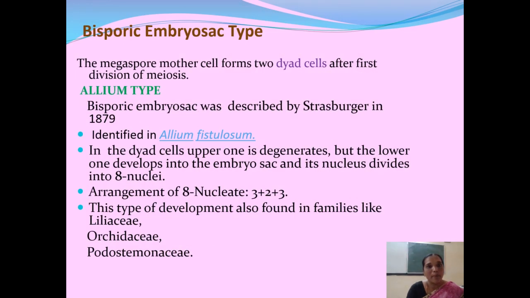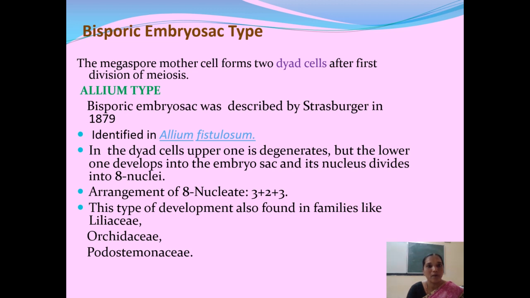Next, bisporic embryo sac type development. The megaspore mother cell forms 2 diad cells after the first division of meiosis. The 2 diad cells are involved in the formation of the embryo sac, so it is called bisporic embryo sac development.